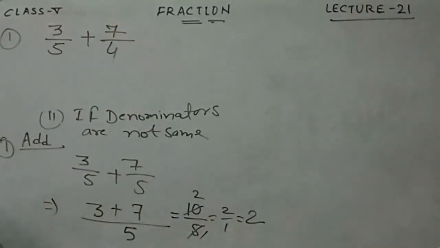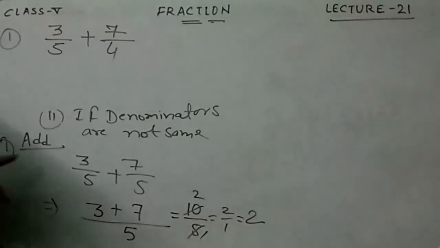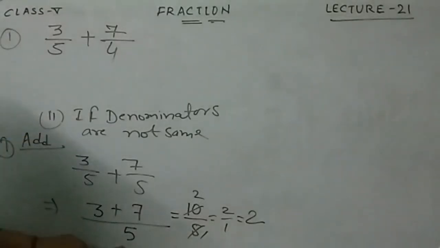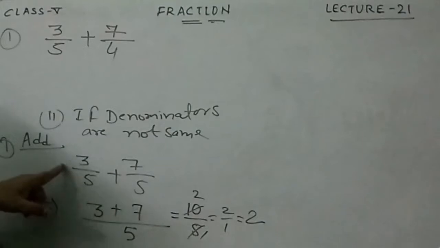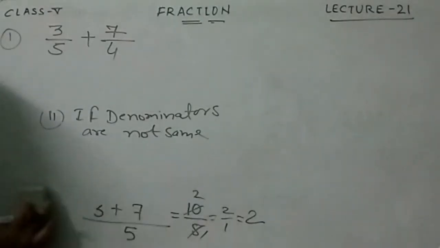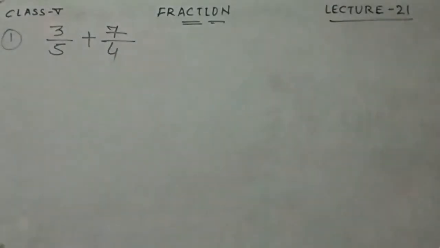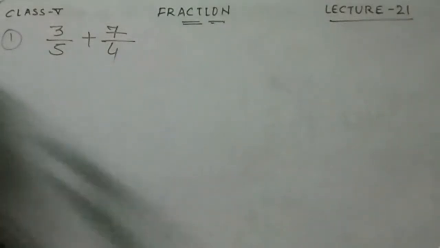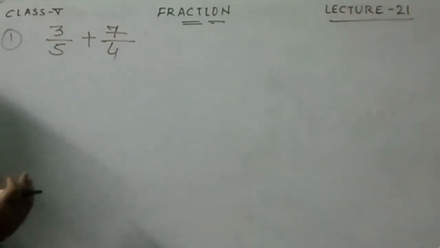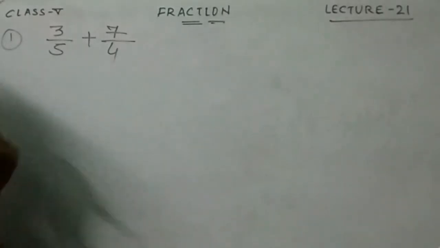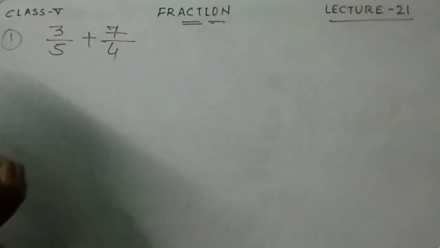Students, see here, if denominators are the same, then you directly write 5 in the down and add the upper numbers together, then that is your answer. But if denominators are not the same, I will explain two processes. Whichever process is easy for you, you follow that process and solve all the questions accordingly.